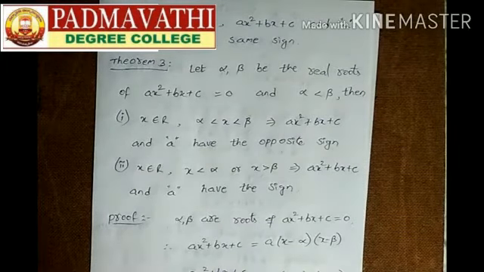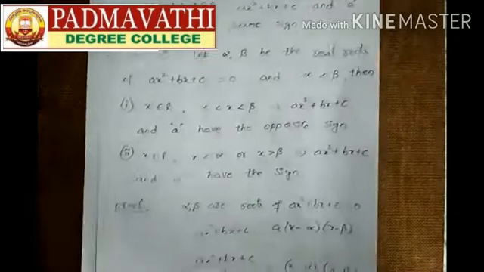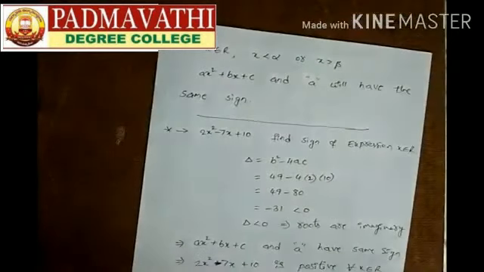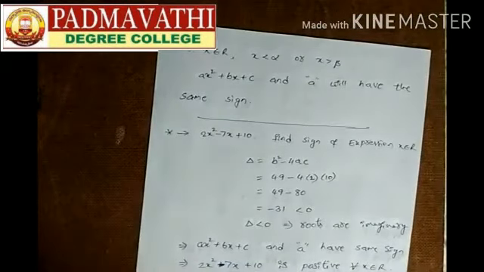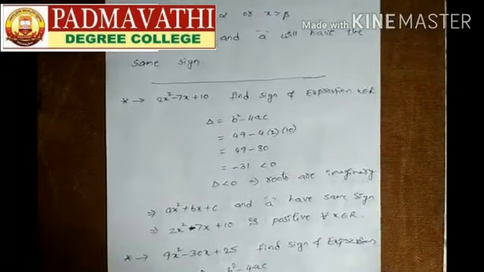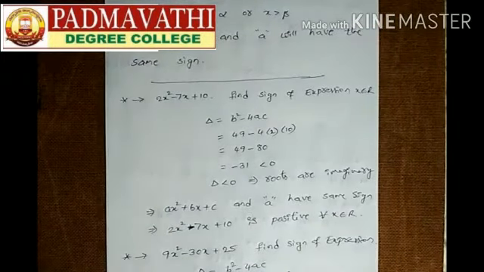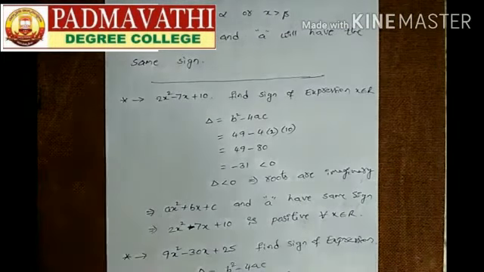So based on the discriminant and the coefficient of x square, we are going to decide the sign of the quadratic expression. So there are three theorems in total. By using these three theorems, we are going to solve some questions. We can do some questions for practice. So first one is, consider this question.